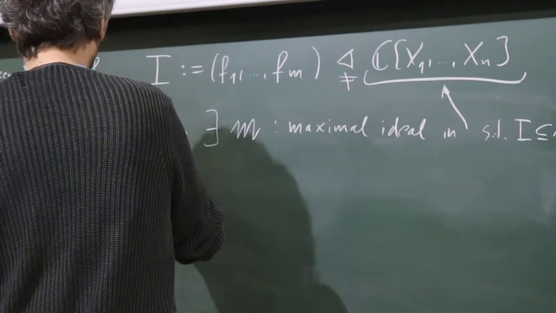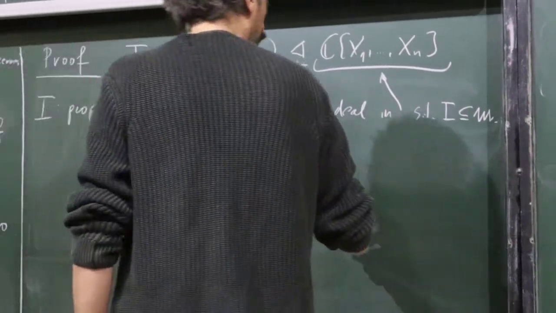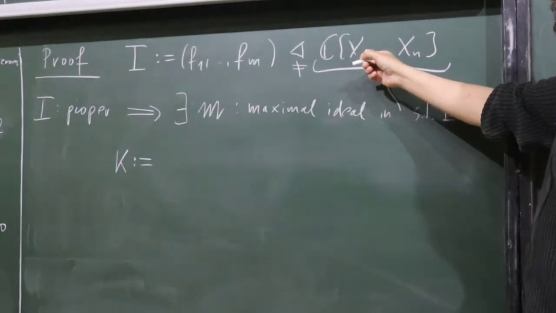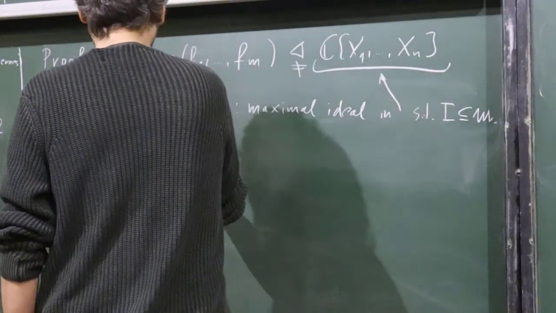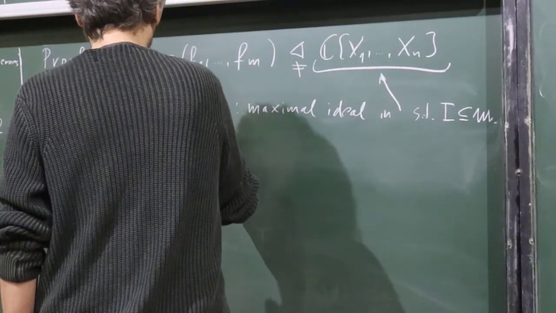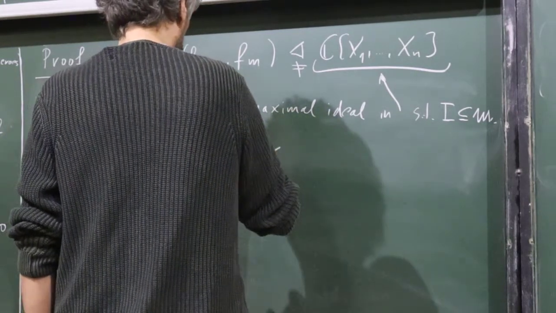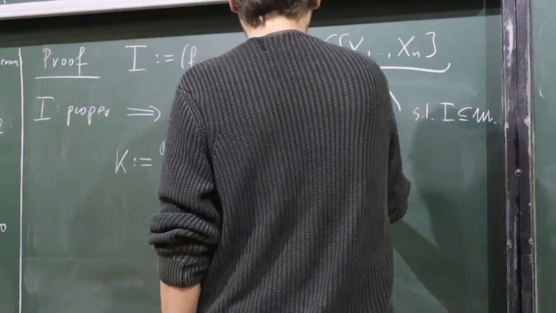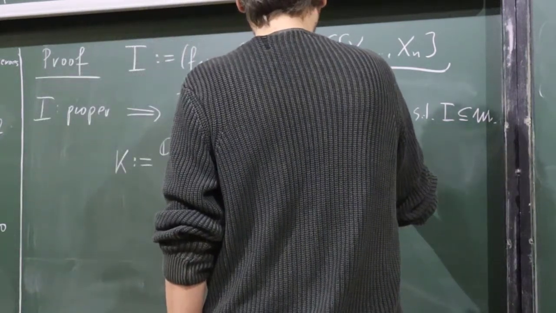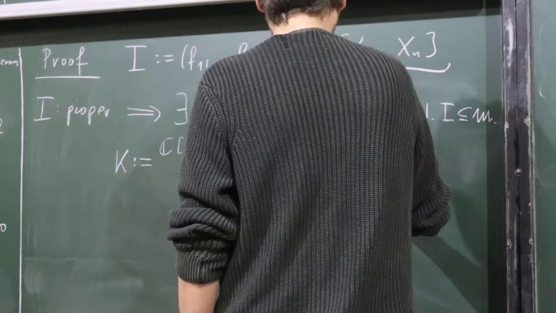So let K be the quotient ring. We divide this polynomial ring by this maximal ideal. So it is a field since M is maximal.